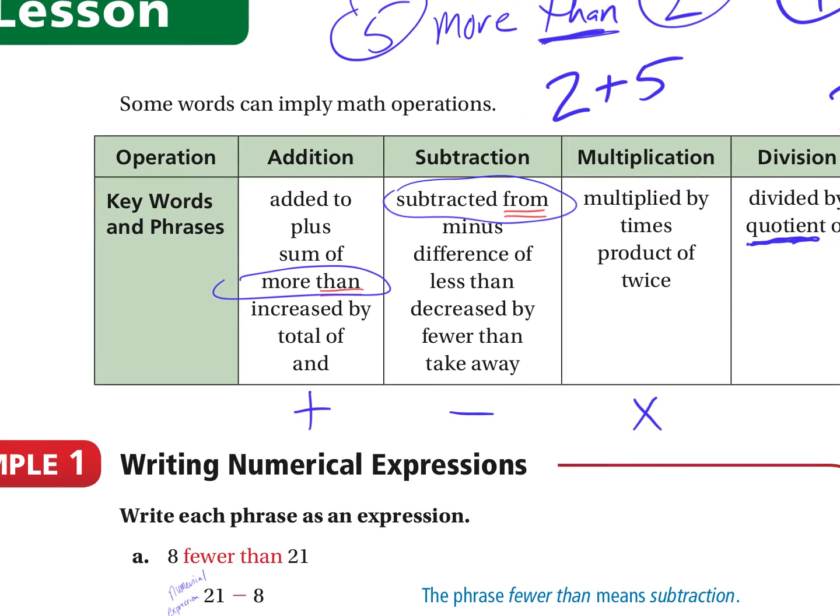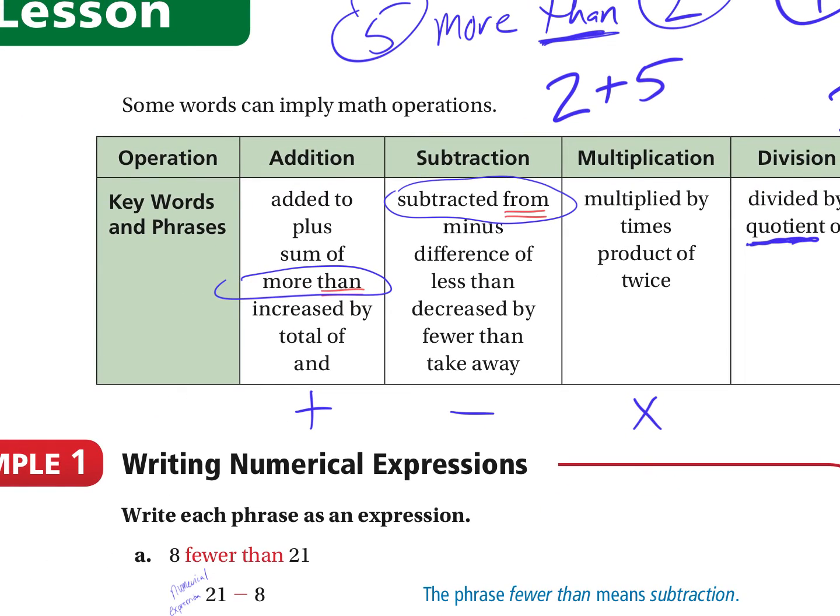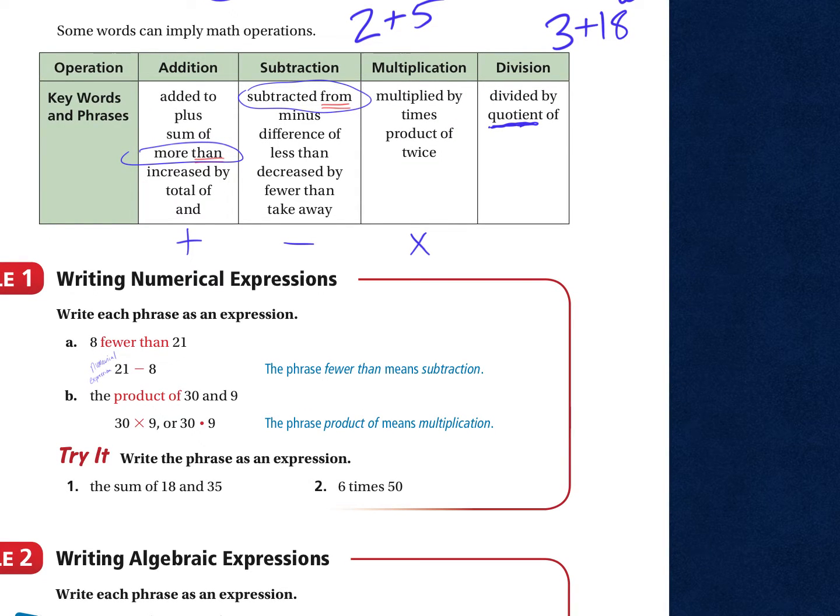The order is going to be important too. If I say I have 6 subtracted from 17, that means I have 17 and I subtracted 6. So this word from means that I start from the number that is listed second.